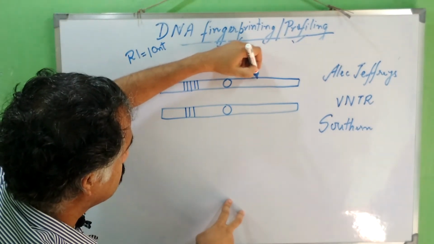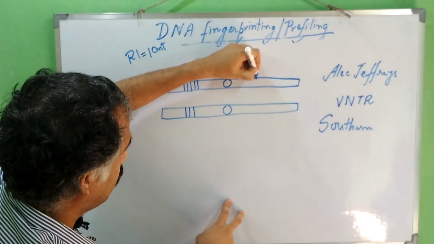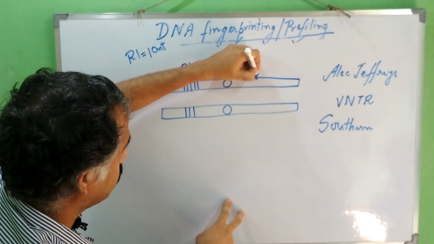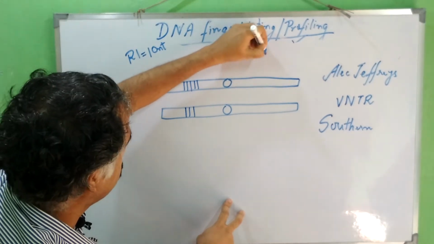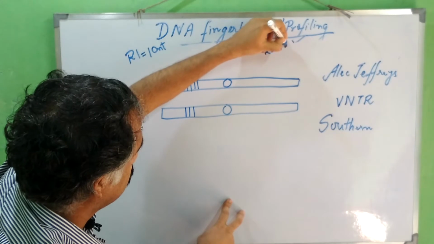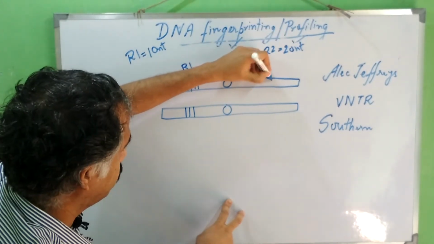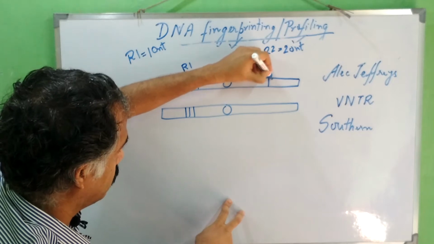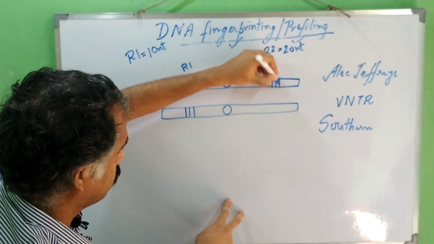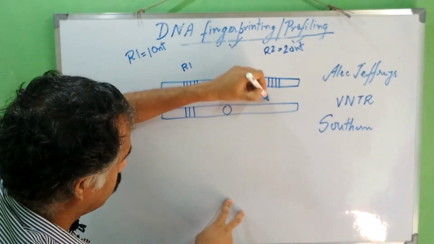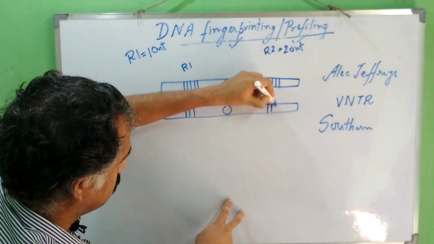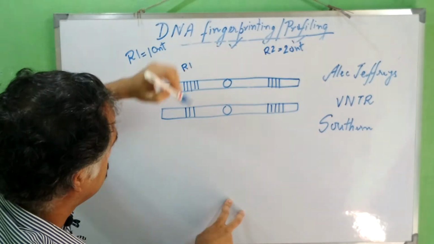There is another repeat R2, and the size of that is, let's say, 20 nucleotides. And it is present at a different position of chromosome 1. It is present 4 times over here, and in the homologous chromosome it is present 6 times.